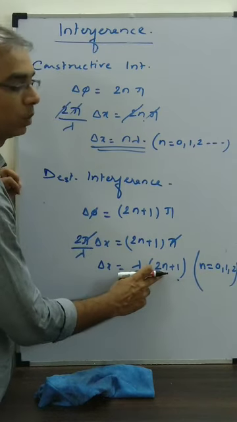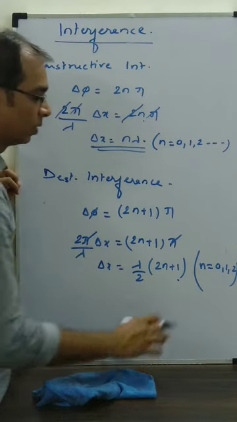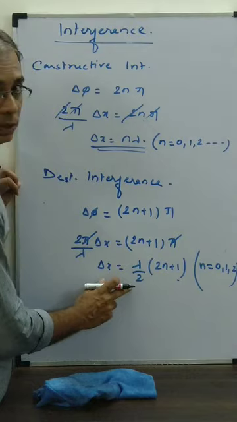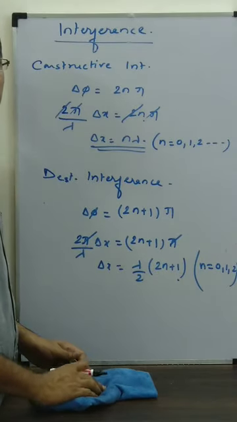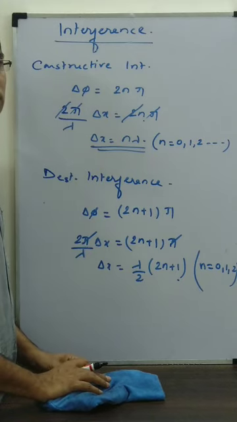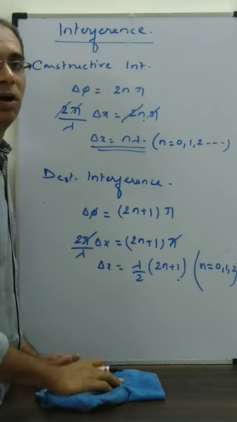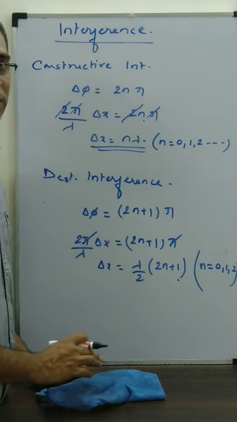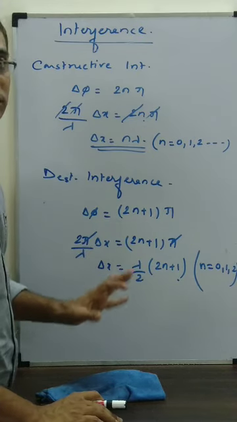So if you put 0 over here, you will be getting path difference lambda by 2. If you put 1, you are getting 3 lambda by 2. If you put 2, you are getting 5 lambda by 2. That means for getting destructive interference, the path difference should be an odd number multiple of lambda by 2. Okay, that is the condition, provided there is no initial phase difference.